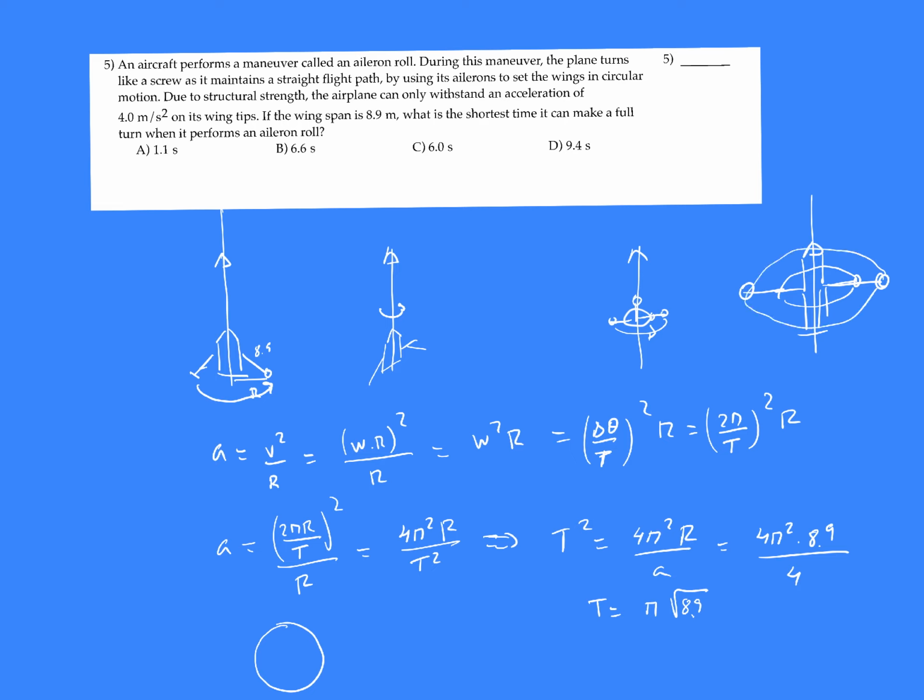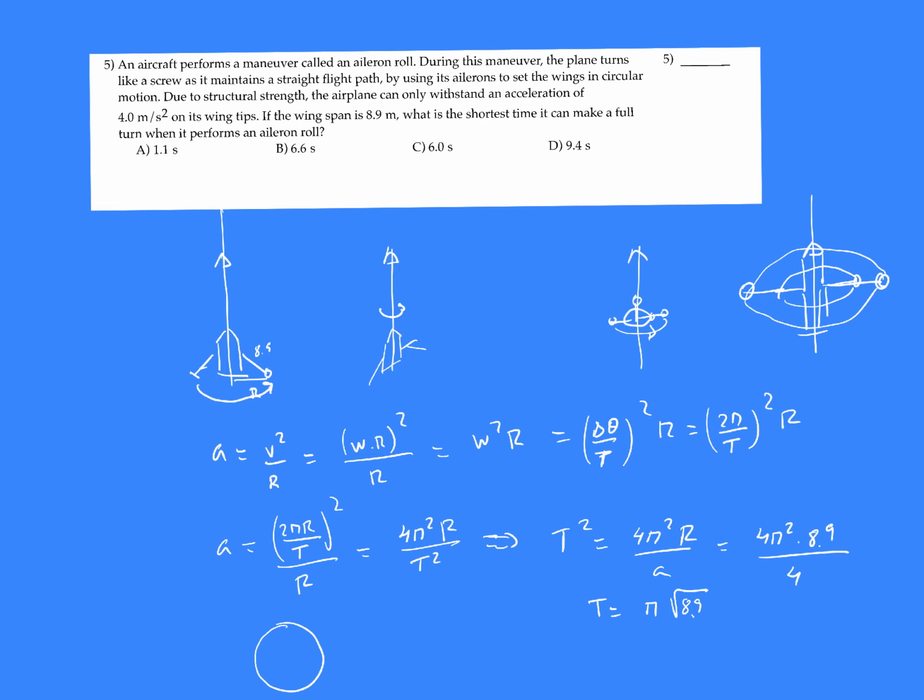The wing has a structure that cannot take too many forces, because the wing can break. So the maximum acceleration is 4 meters per second squared, and the wingspan is 8.9 meters.